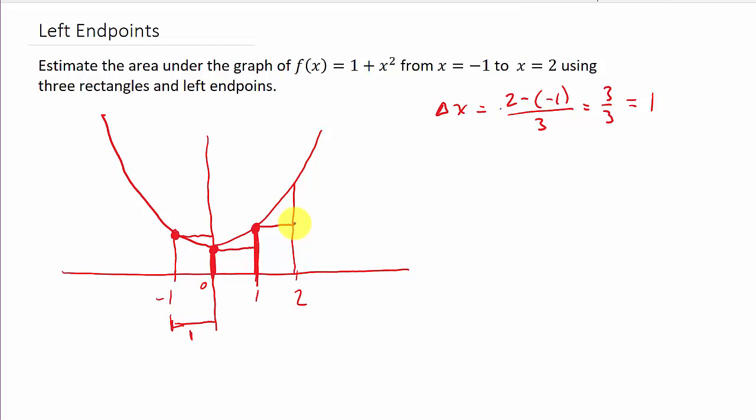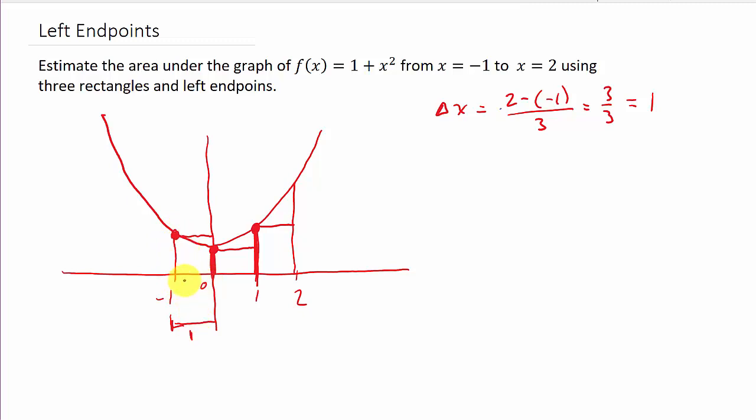Alright, so basically what we're doing is finding the area of each one of these rectangles, and then we're just going to add up those areas. The area of the rectangle is the width times the height, or length times width, however you want to look at it.